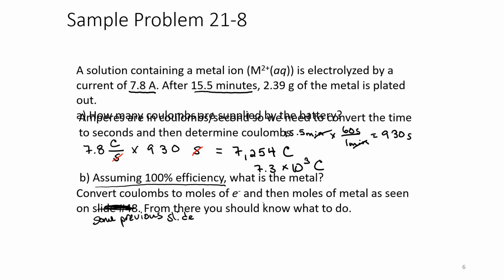So what we want to do for this problem is start with coulombs. We are going to convert coulombs into moles of electrons. We are then going to convert that into moles of our metal. So let's start with that. We have our coulombs from part A.